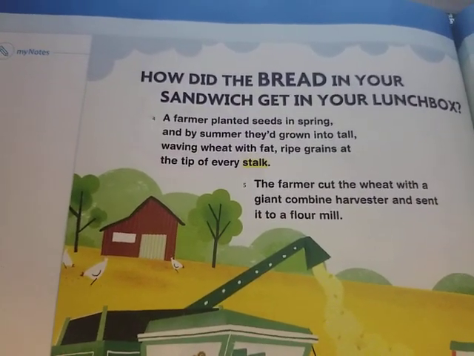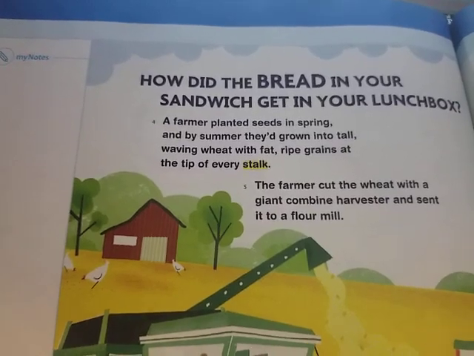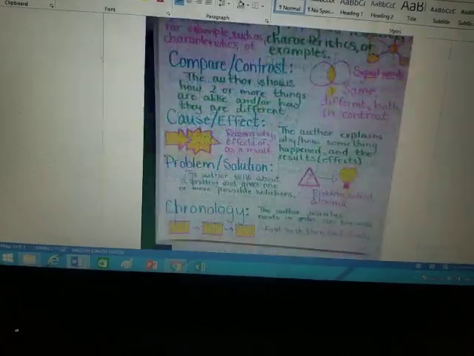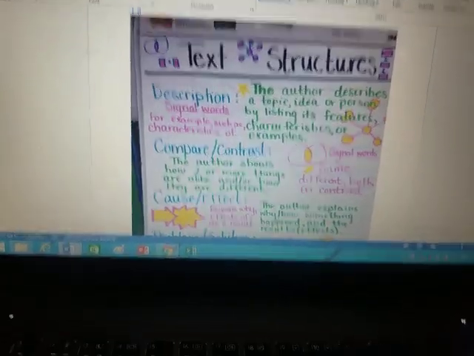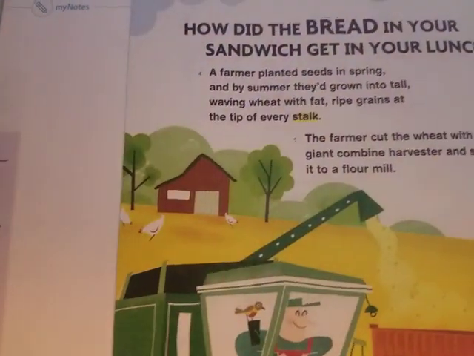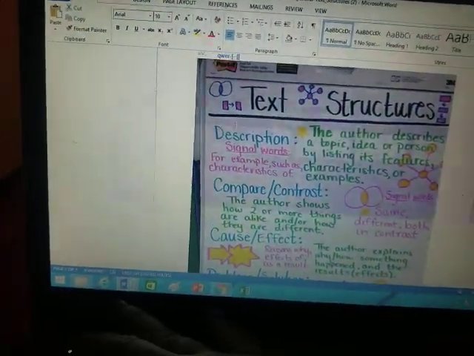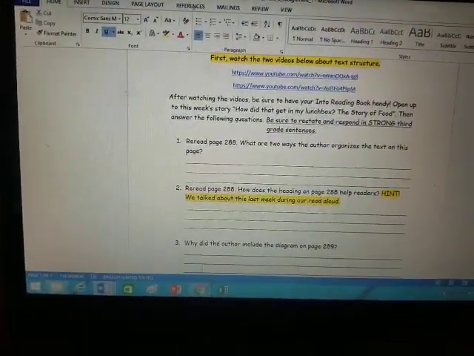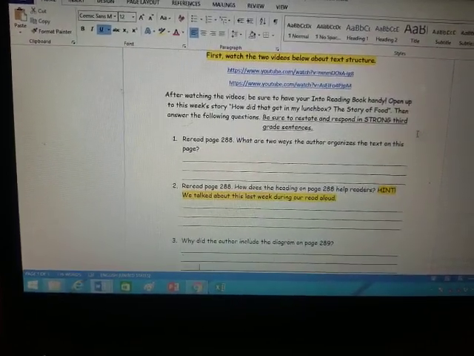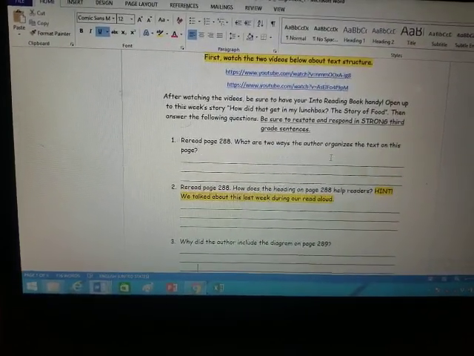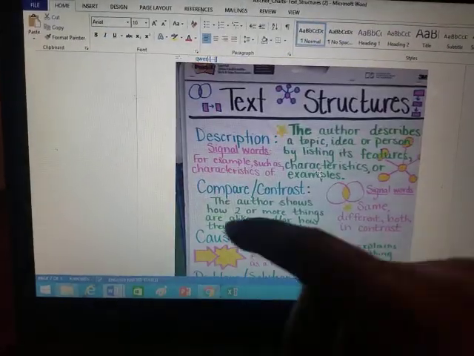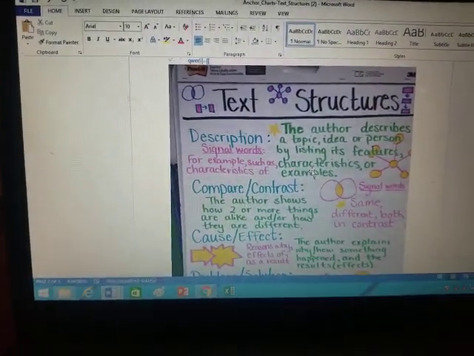But if you don't see anything like first, second, after that, then you wouldn't choose that. So, based on what I said, what were the 2 that this page is structured in? Once you find those 2, you go back and you write, the 2 ways the author organizes the text on this page is by using, and tell me the two that we said.